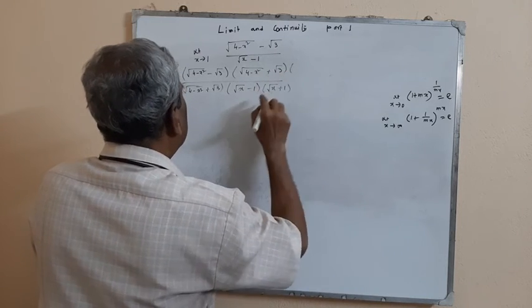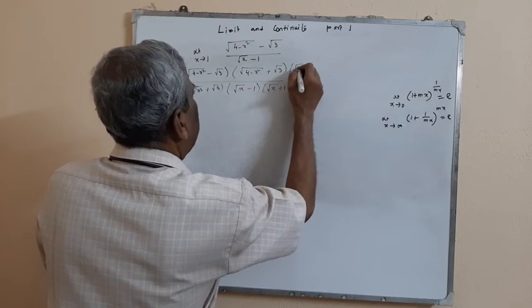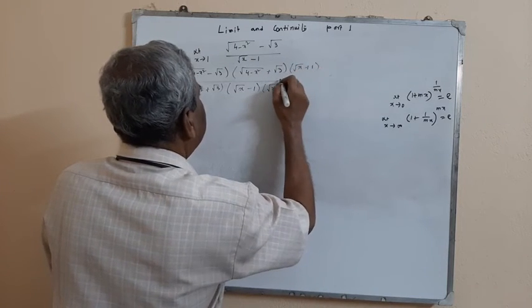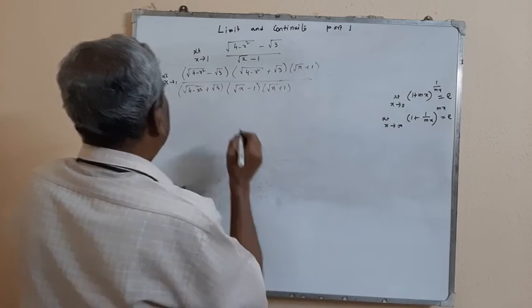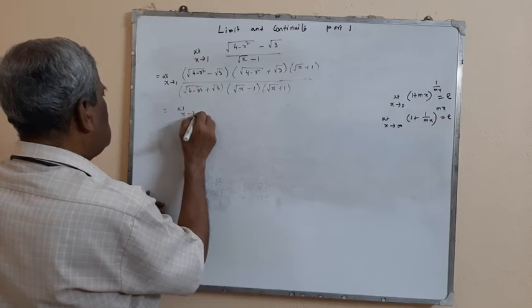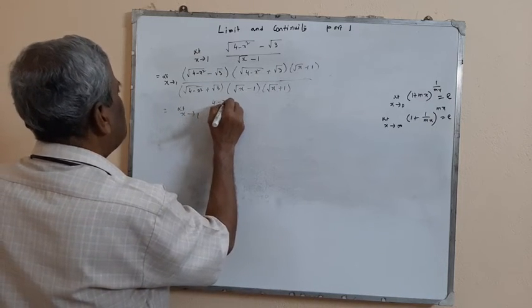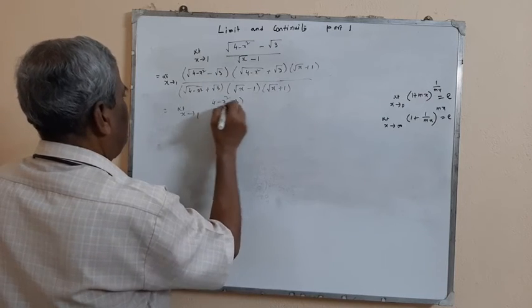For balancing this, multiply this also by root x plus 1. So that ultimately we get limit x tends to 1, they together is 4 minus x square minus 3.